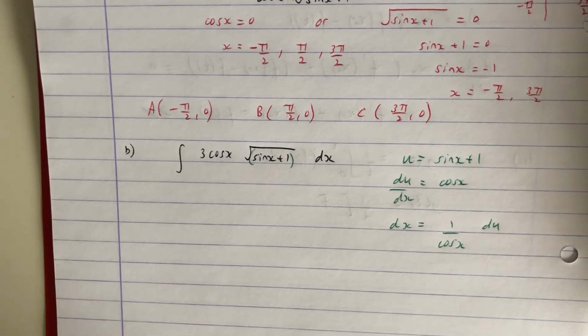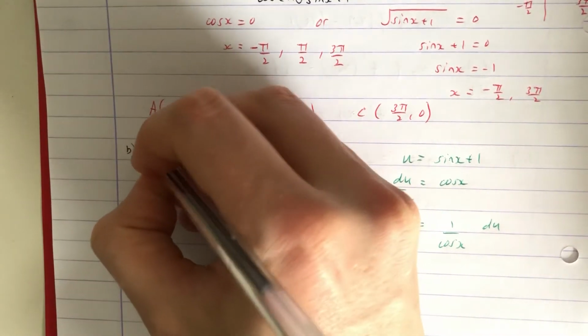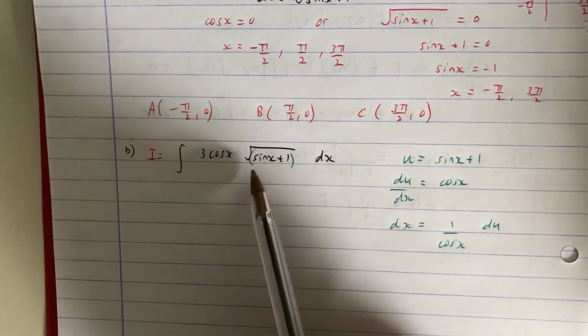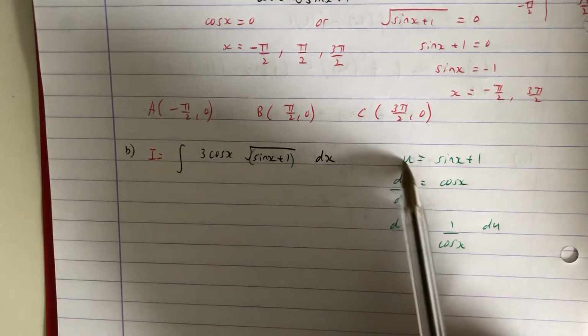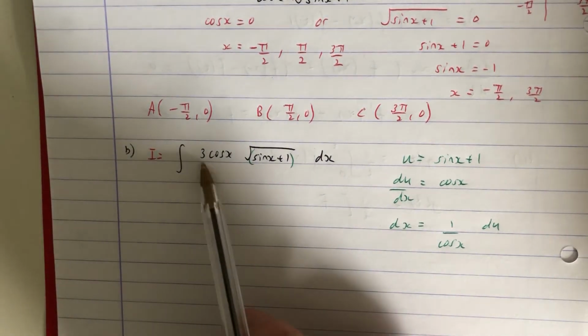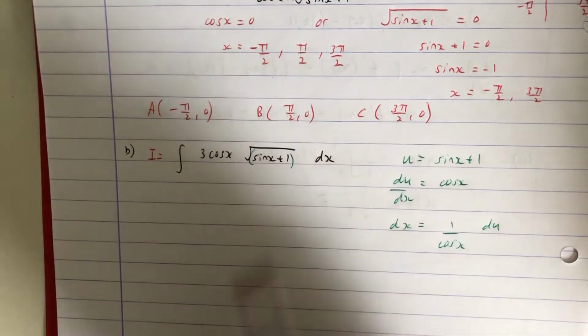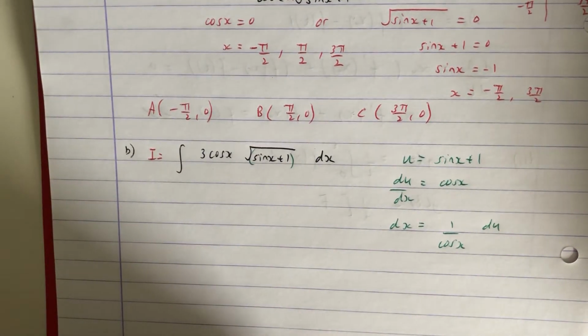And then you make the substitution. In this case, every single place I see sine x plus 1, replace it with the letter u. Not going to touch the cos x's because it'd be too complicated to work out what cos x would be. But if I pick the right substitution, something should happen anyway.